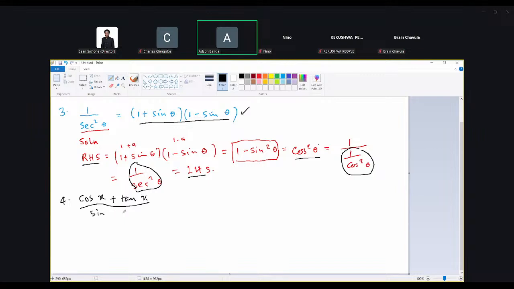Right, so we have cos x plus tan x, divided by cos x times sine x. And this should be equal to the cosec of x plus sec squared x. Right, so we want to verify this identity.